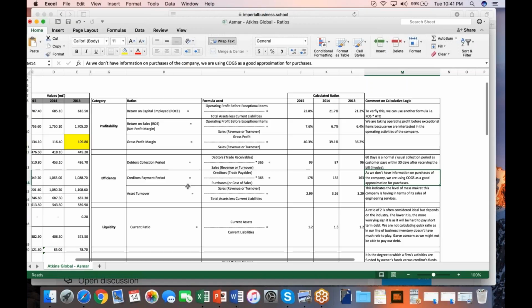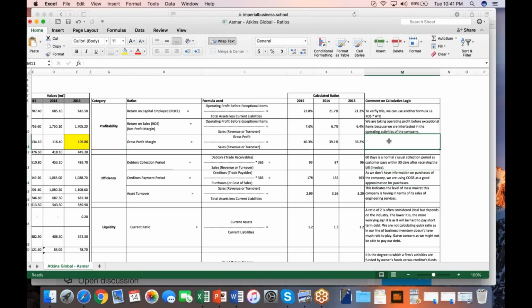The gross profit margin means the value that the market attributes to your product. If you are a luxury brand, if you are really high value, this is the value. Is that relevant to us, because we're not a retailer, right? We're an engineering company which is selling consultancy.